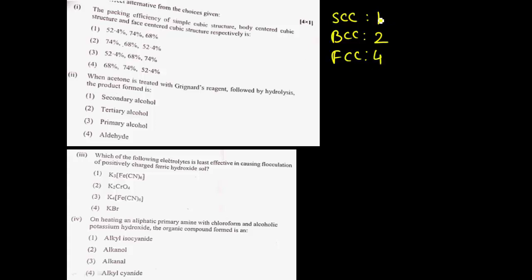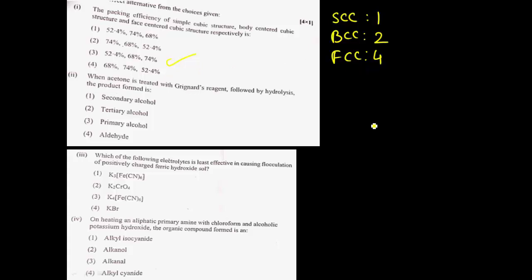So definitely the packing fraction of SCC is going to be less than that of BCC, and that of BCC is going to be less than that of FCC. So we are going to have an increasing order, which is only found in option 3, right? In options 1, 2 and 4 we have haphazard order, but only option 3 is systematic. So it's the correct answer.